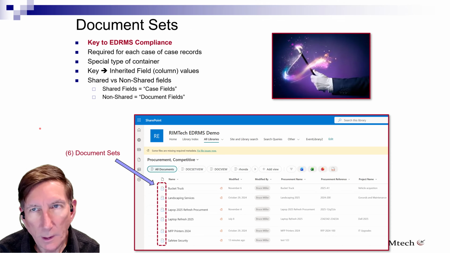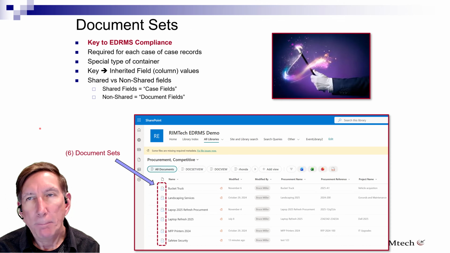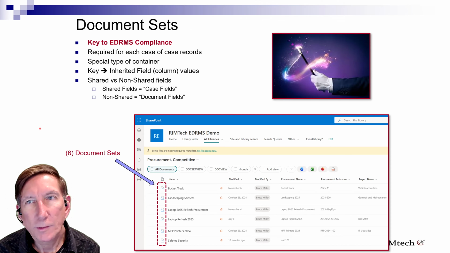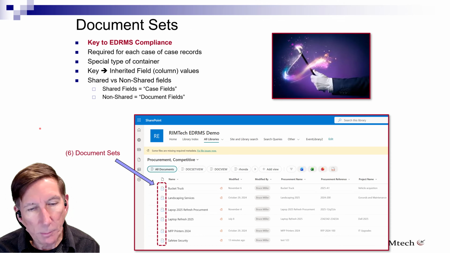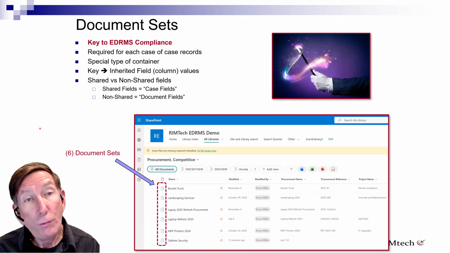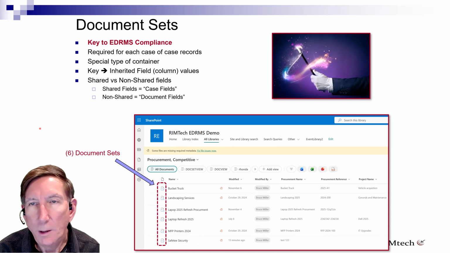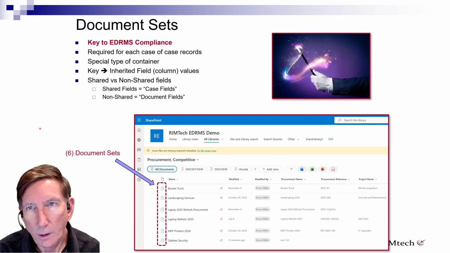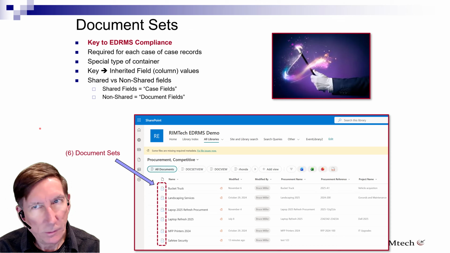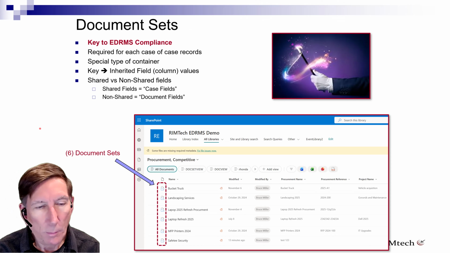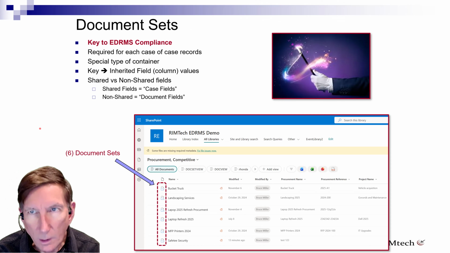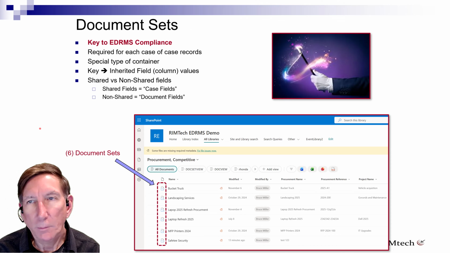Now, we'll talk about what they are in a minute, but each document set forms a case. Now, in SharePoint, a document set is a folder, quote unquote, but it's a highly specialized folder. It has certain magical characteristics which are perfect for electronic record keeping and particularly for cases, okay?